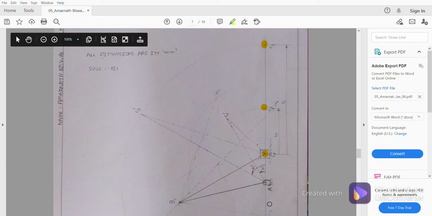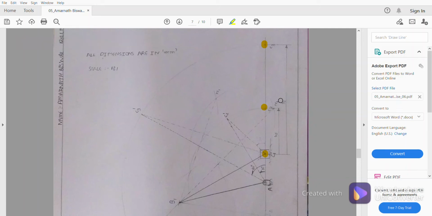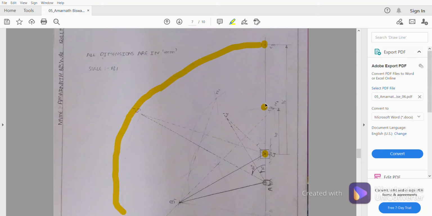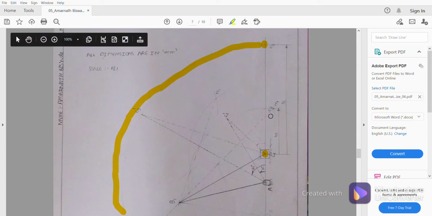We will again take A as the reference center and draw the arcs like this, up to your desirable location, and we will take this point and draw the arc like this.